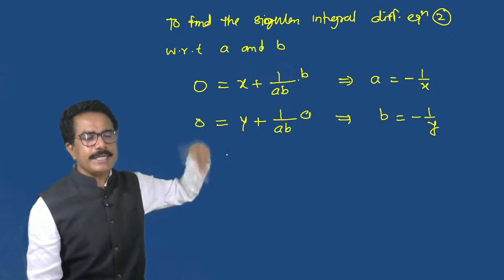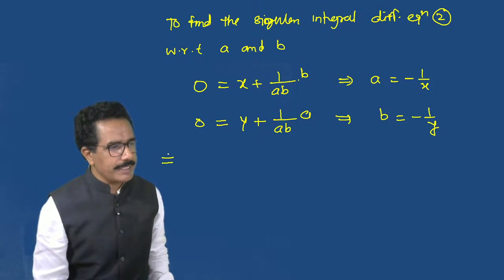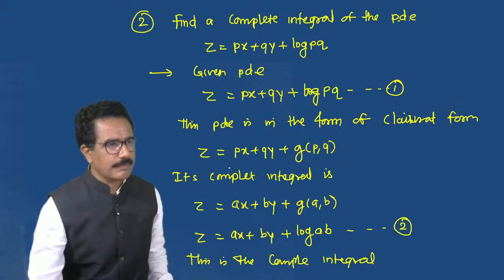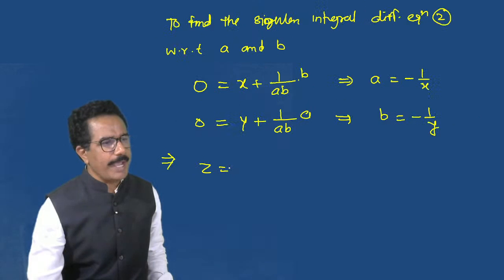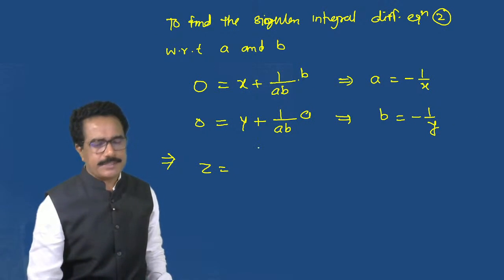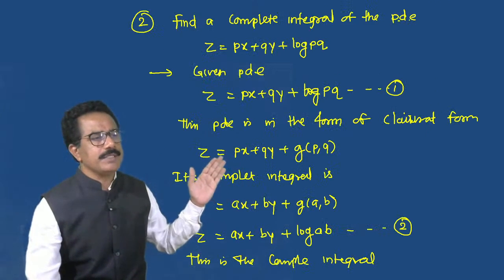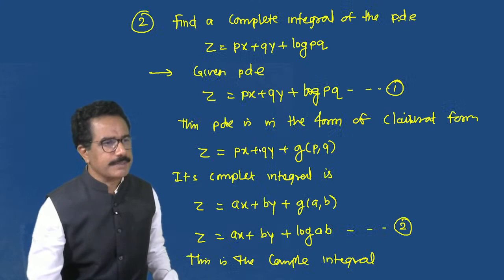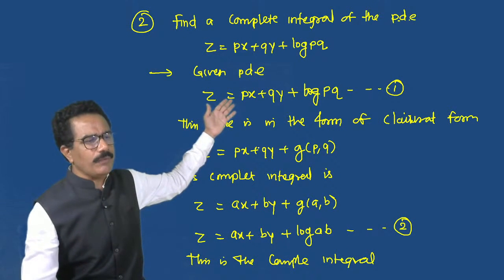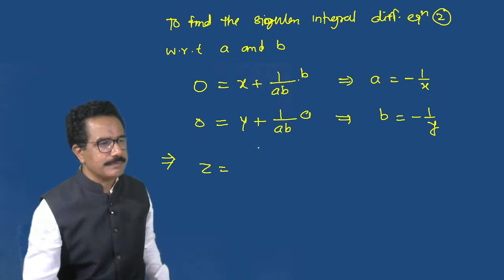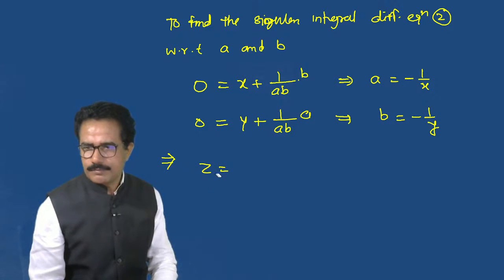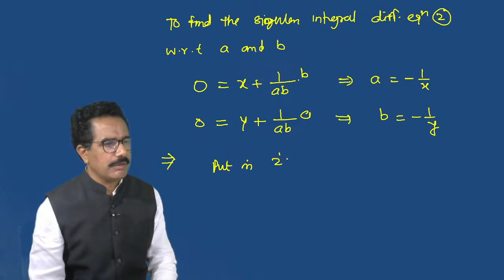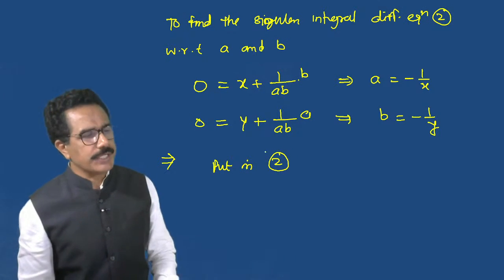So we can write in this way. This implies z equals px plus qy, meaning ax plus by, where a is minus 1 upon x. Put the values in equation 2.